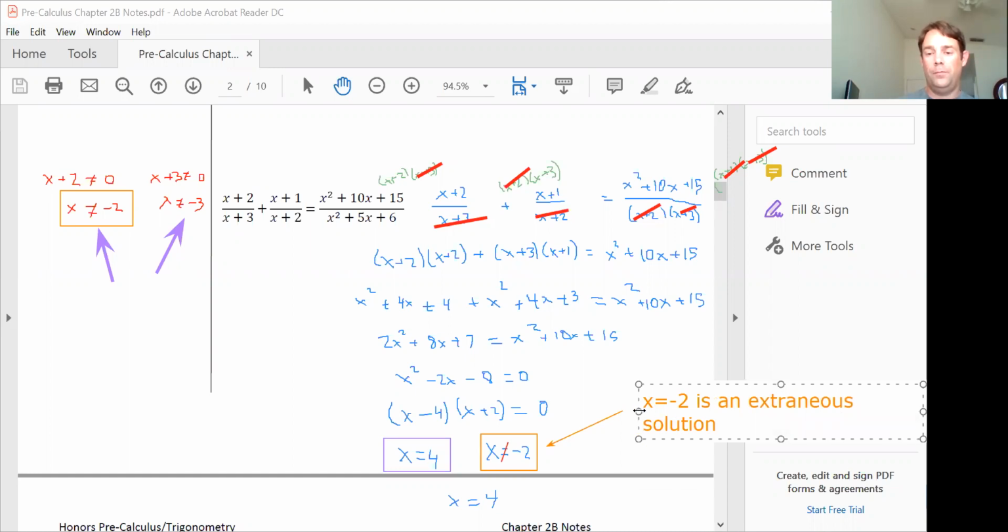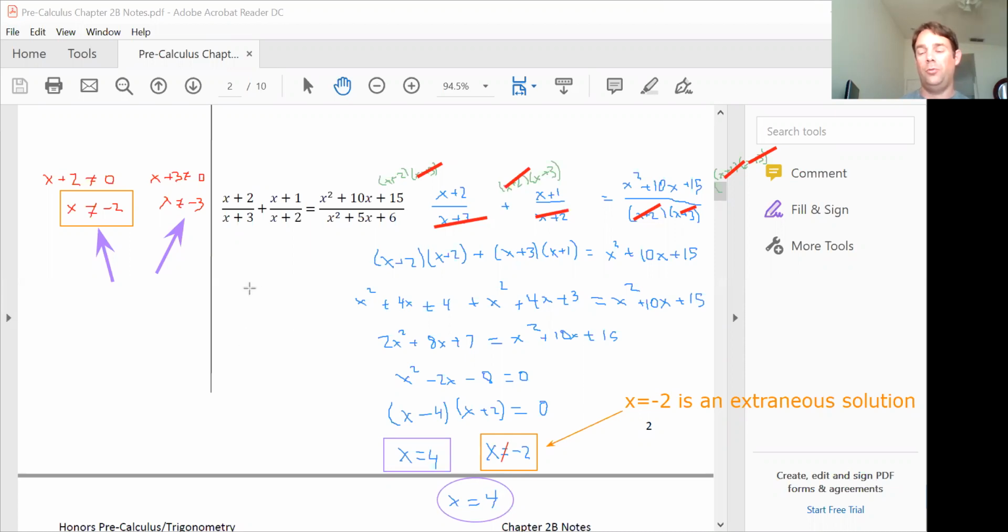Doesn't work. Wish it did, but it doesn't, because it was one of our values that made our denominator equal to 0. So we toss it. So that means I only have one answer to my problem. The only answer I get to use is x equals 4. I had to toss that x equals -2 because it was extraneous.